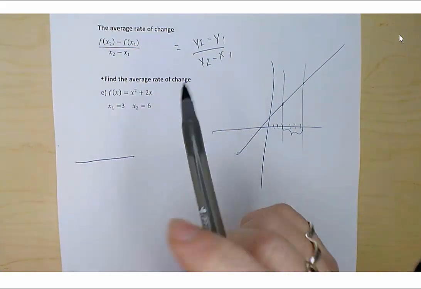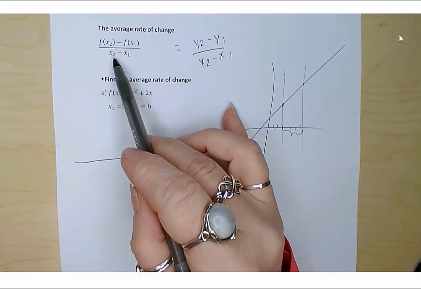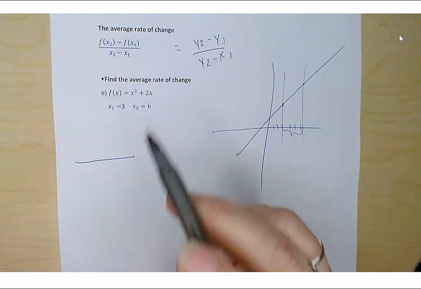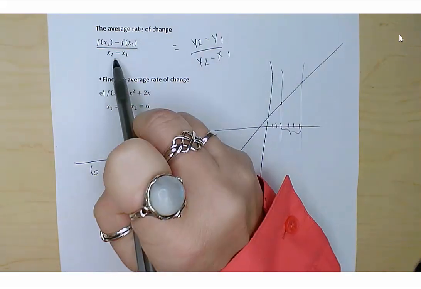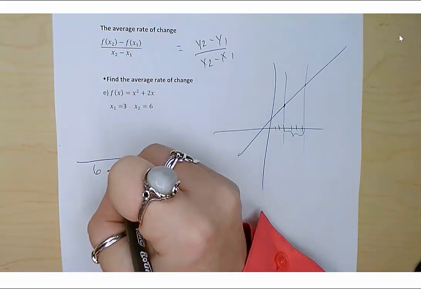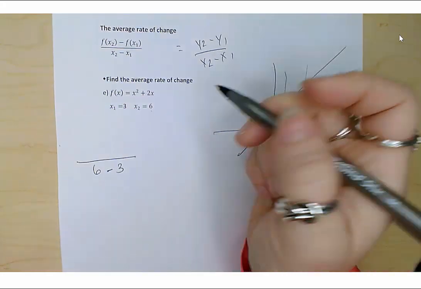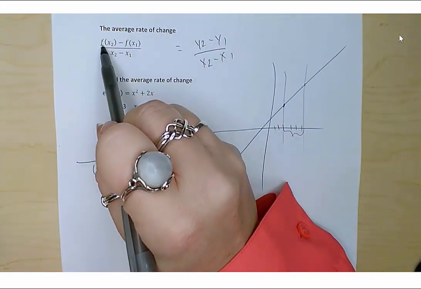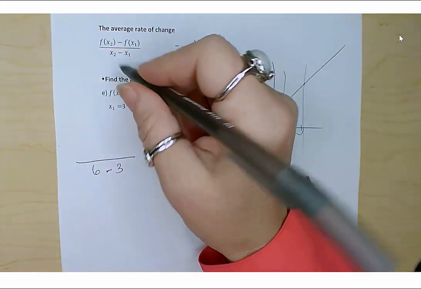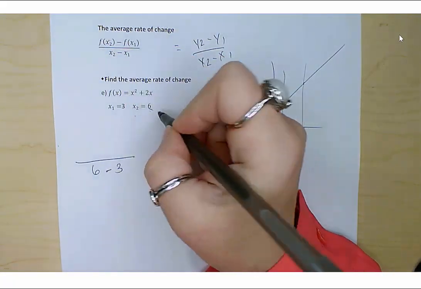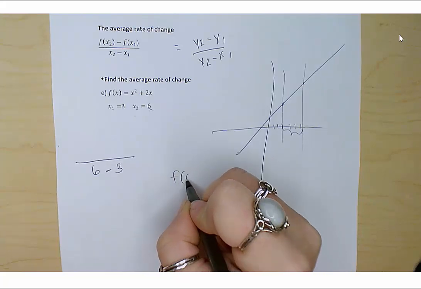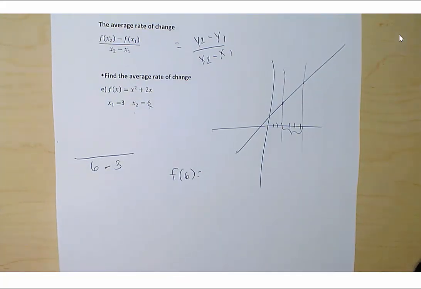Now let's go ahead and do the denominator. That's the easiest part. Our denominator is x2 minus x1. Well, they told us that x2 is a 6, minus is part of the formula, x1 is a 3. Now in our numerator, we need to find f of x2. x2 is a 6, so they're asking us to find f of 6.